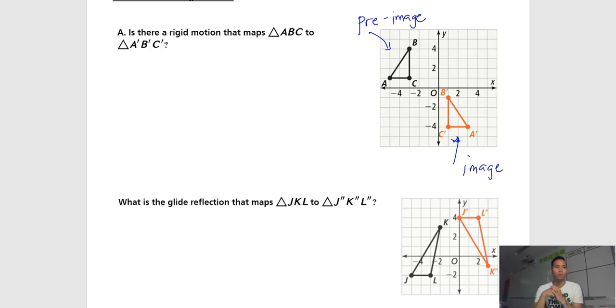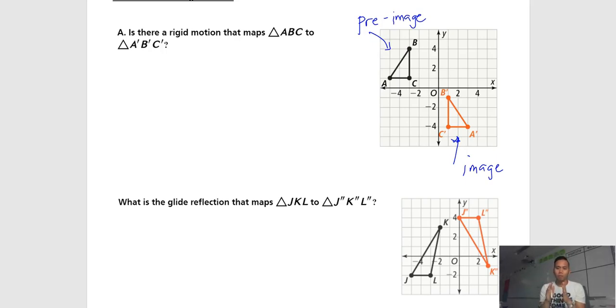So what should we do here? Again, it's a composition. Because your ABC has a clockwise orientation, and your triangle A prime, B prime, and C prime has a counterclockwise orientation, maybe I'll reflect it first.